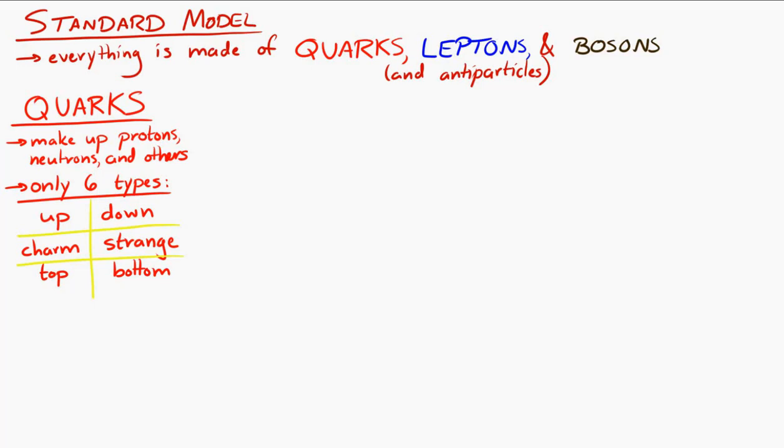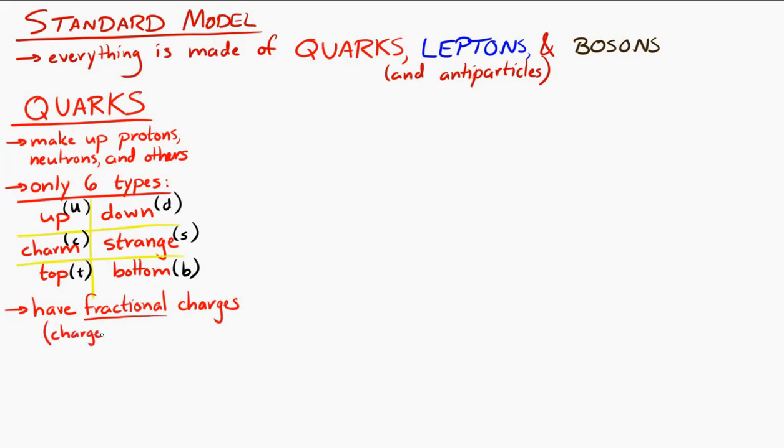And they're represented by letters: up U, down D, charm C, strange S, top T, bottom B. These quarks are strange. Not just strange quarks are strange. All quarks are strange. They have fractional charges. So they have charges of plus 2/3 or minus 1/3.